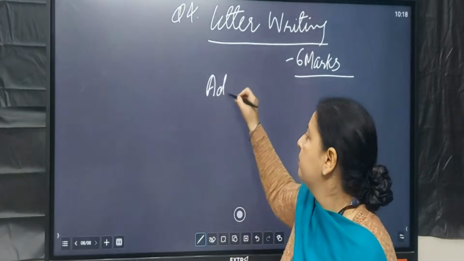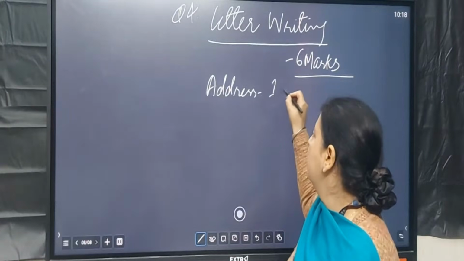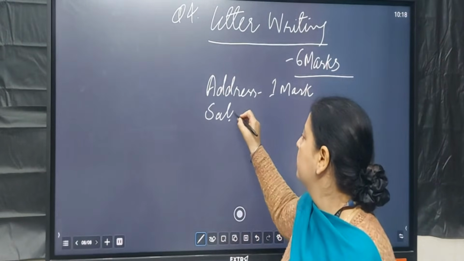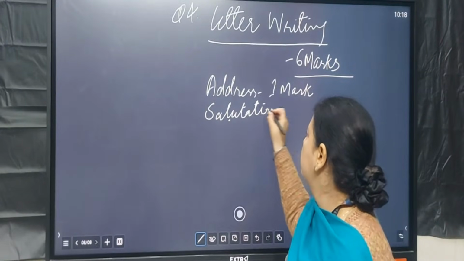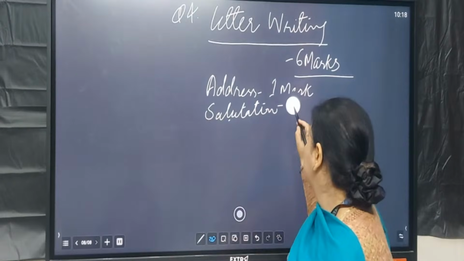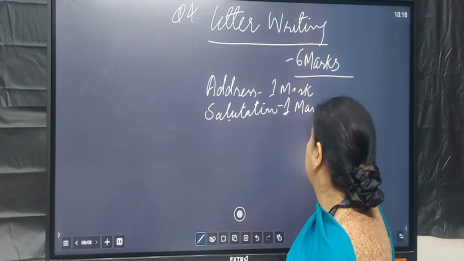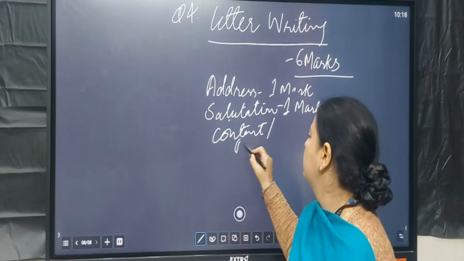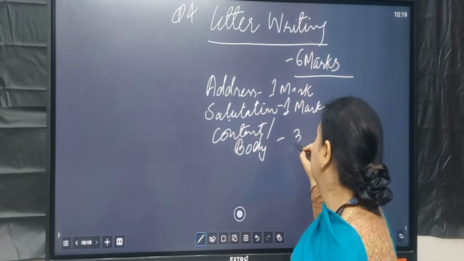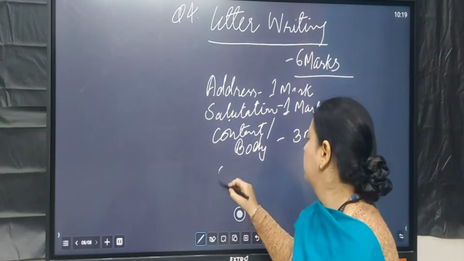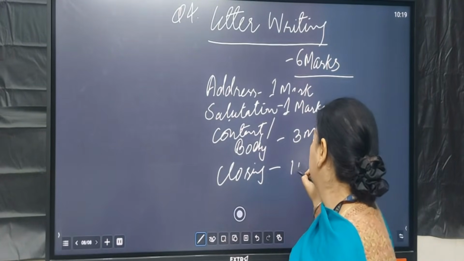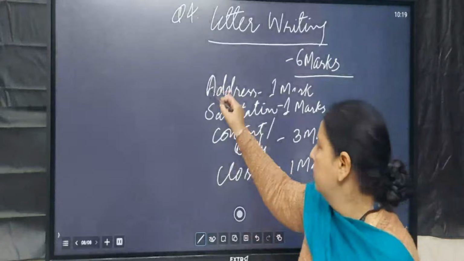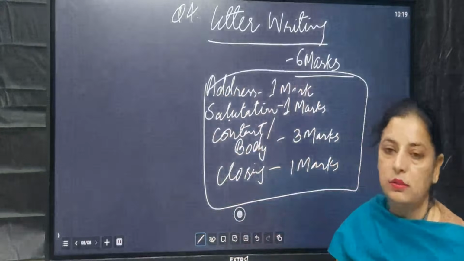For address, it is 1 mark. For salutation, it is again... beta, your letter writing 6 marks have been divided for format checking.